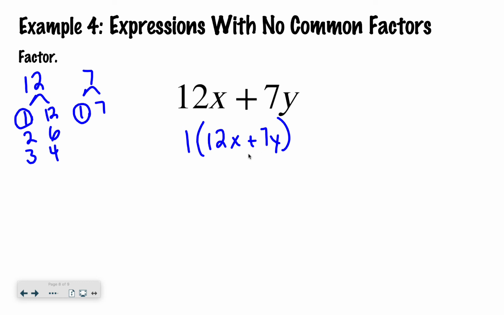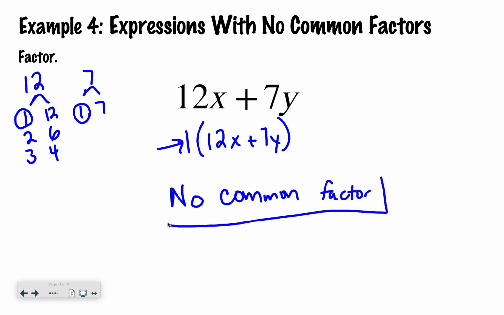And when we multiply by 1, that doesn't change anything. So whenever your GCF is 1, this is a special instance, and this is when you say that there is no common factor. Okay, so if your GCF equals 1, there is no common factor.